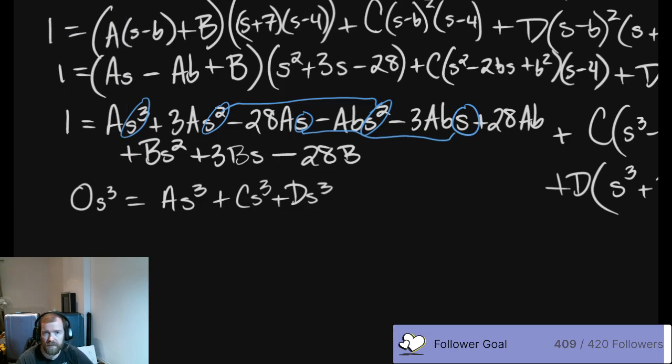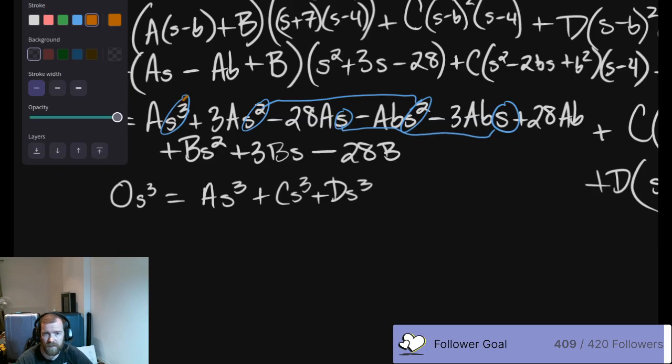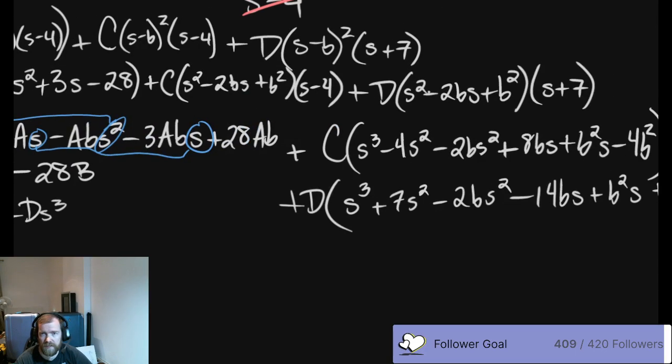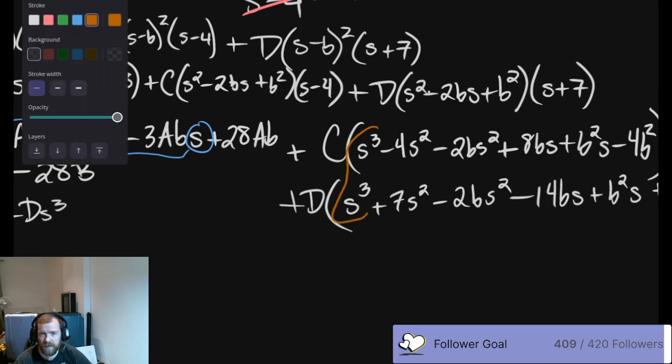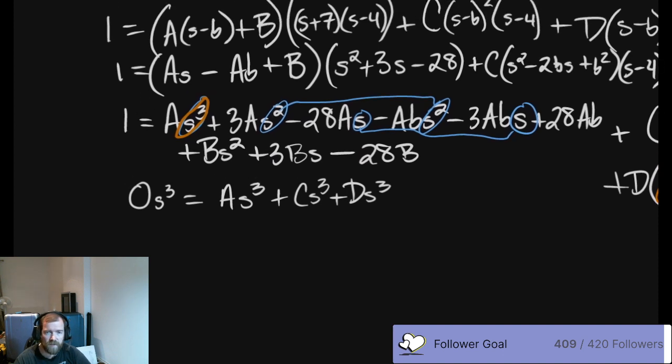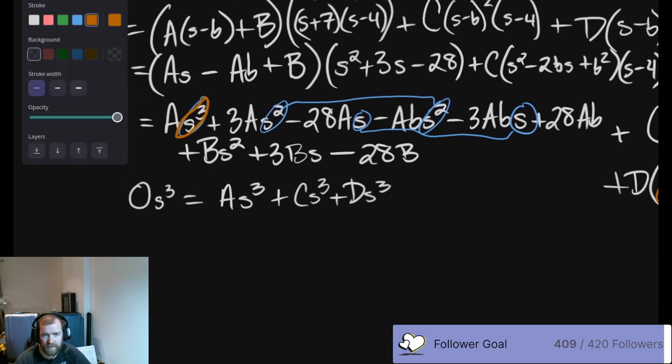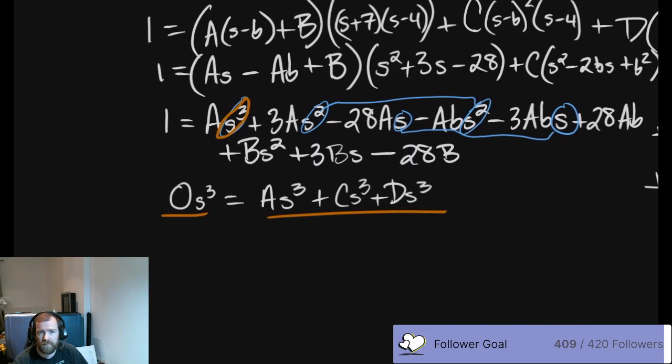Right, so we're taking this s cubed here and these two s cubeds over here. And we're saying that the stuff that has s cubed in it needs to be the same on both sides of this equation. Or they need to sum up to the same thing.